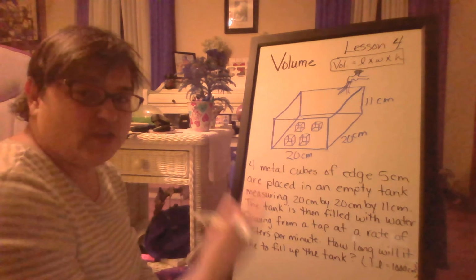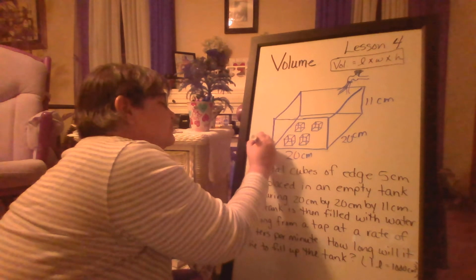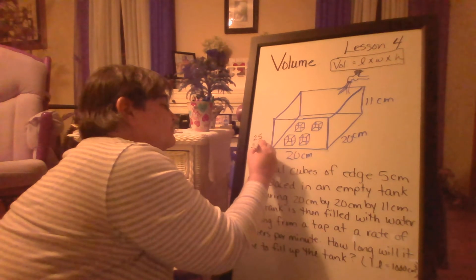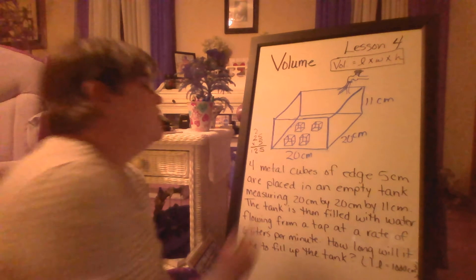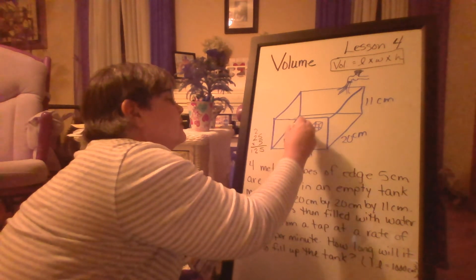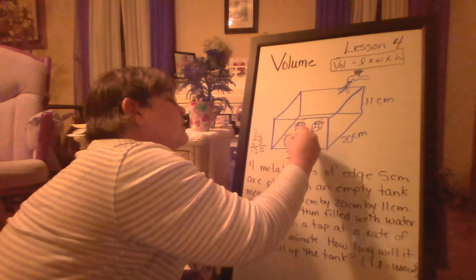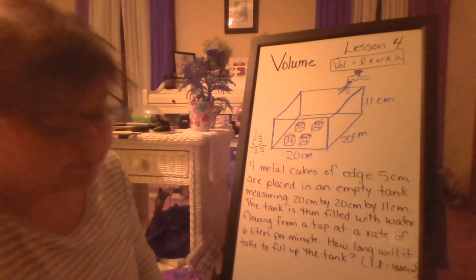So 5 times 5 is 25, and 25 times 5 is 125. So each of these is 125 cubic centimeters. All right.